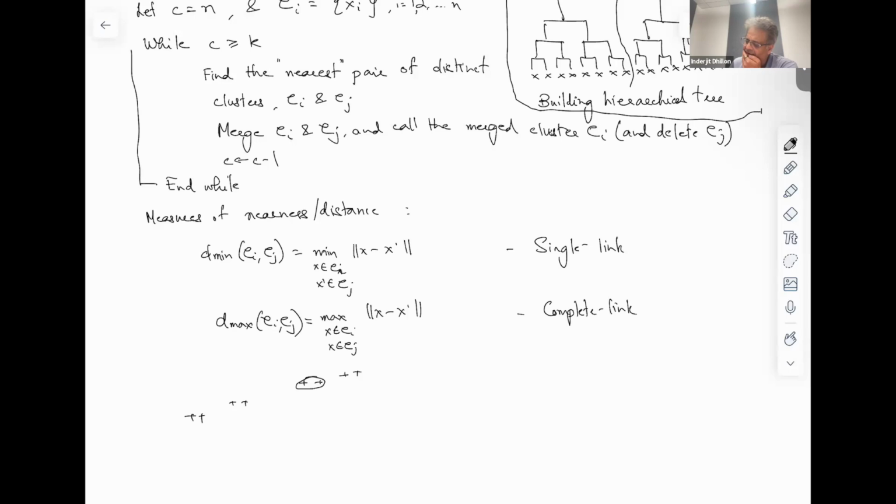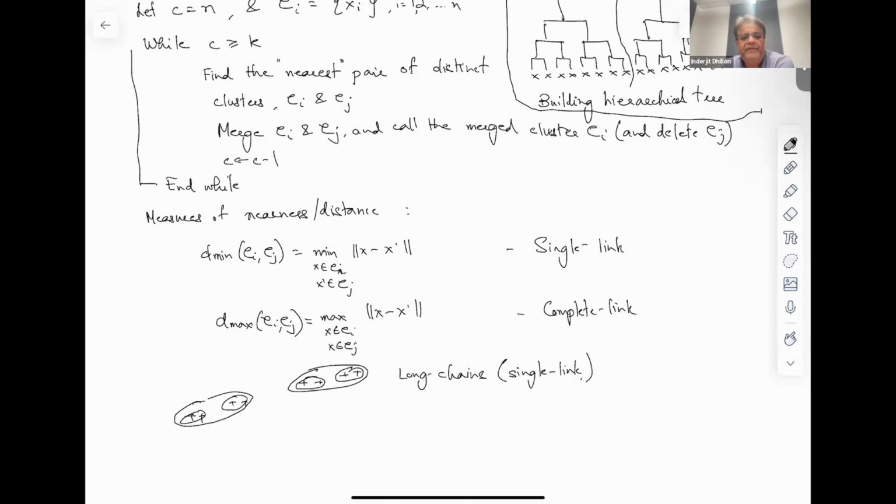It actually says that since this point over here and maybe these two are close, since these two points are close to each other, it'll actually merge these. Okay, and so it has this tendency to form long chains, and that's kind of why it's called single link.